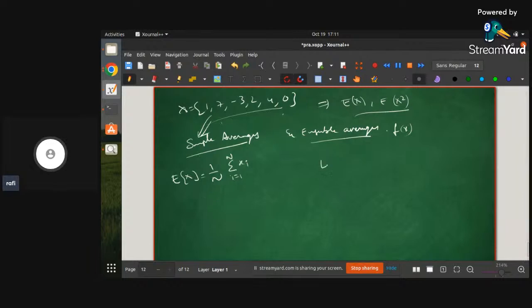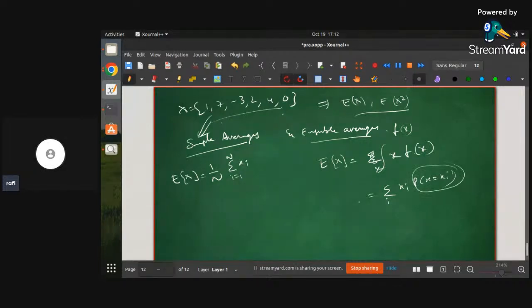In ensemble averages, the mean E of x is defined as summation over x times f of x, or if it is a continuous distribution it will be an integral, or otherwise summation over xi times p of x equal to xi for a discrete random variable expectation. For this you need to know the probability density function of that random variable. Then you can get the ensemble average. This is the true distribution, these are the true averages, whereas these are the averages generated from the data.